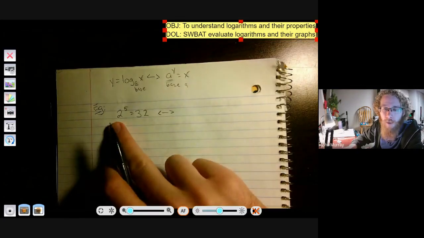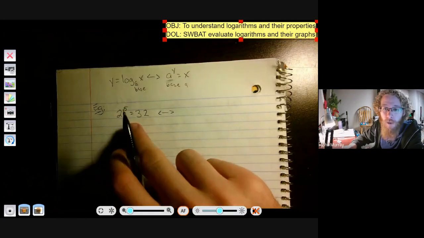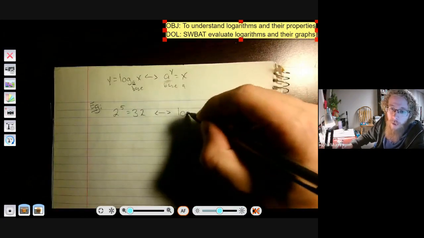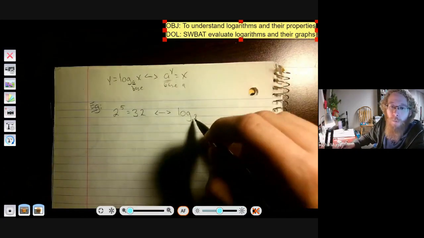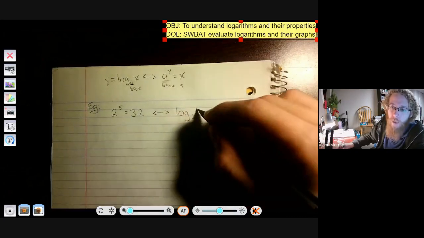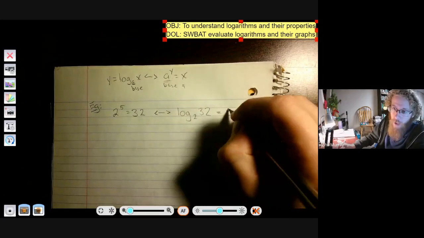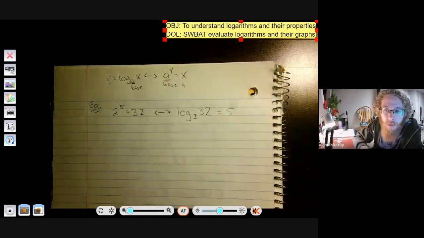So if I had the expression 2 to the 5th equals 32, and I wanted to write that as a logarithm, I would have the logarithm base 2 of 32, and that would equal 5.